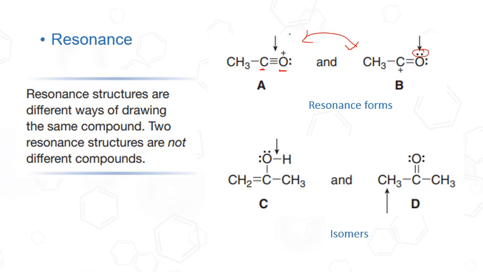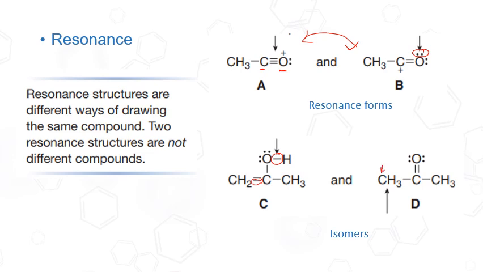They're just resonance forms. If you take a look at structures C and D, you notice that the oxygen is bonded to an H in this case, and you have a double bond in the first two carbons, whereas on structure D, the oxygen is doubly bonded to a carbon, and there is a hydrogen attached to the first carbon instead of to the oxygen.